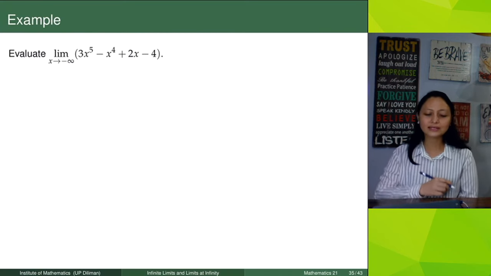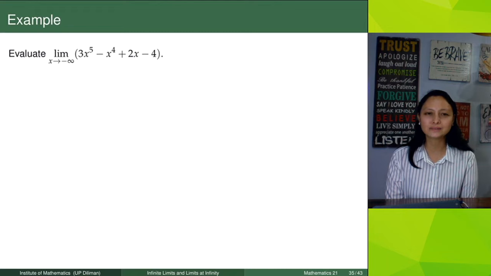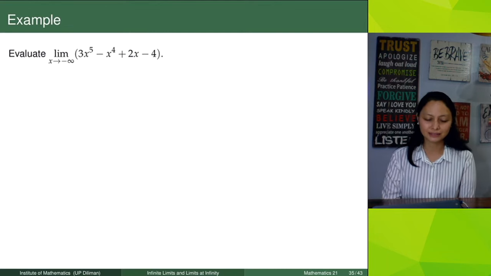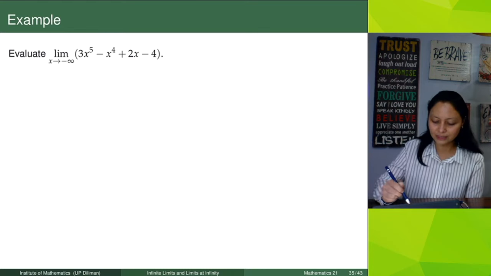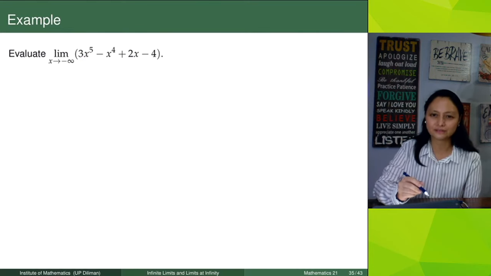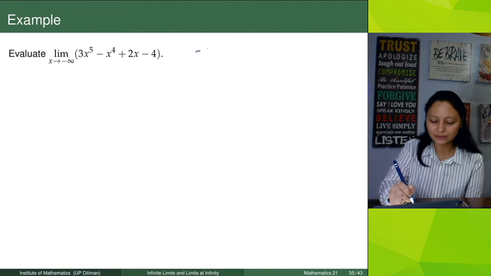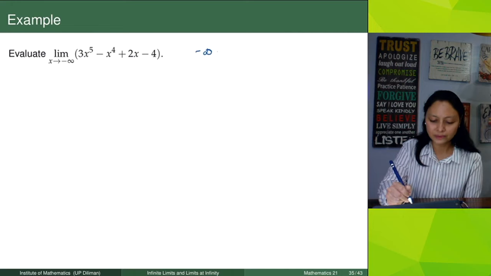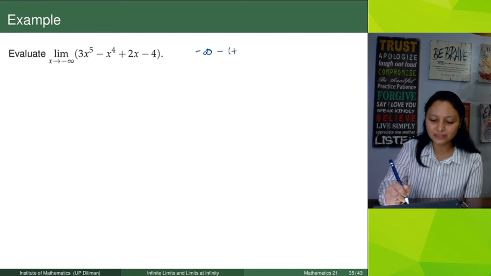Okay, next, we want to get the limit of 3x raised to 5 minus x to the 4th plus 2x minus 4 as x approaches negative infinity. Again, if you substitute negative infinity, 3 times negative infinity raised to 5 is negative infinity. Okay? So, that will be equal to negative infinity minus negative infinity raised to 4 is positive infinity.